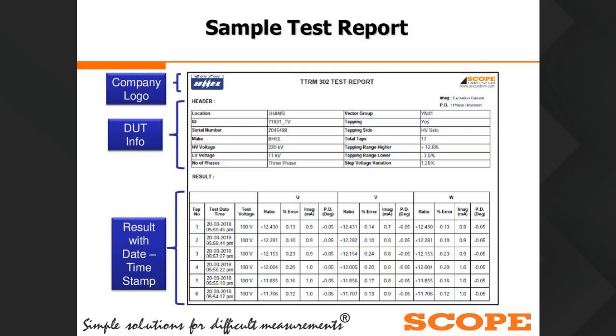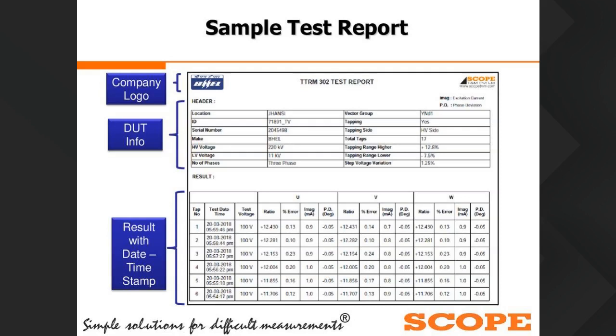After that we will get the location, then transformer ID, vector group, serial number, all the details, that is LV voltage, HV voltage, number of phases, step voltage variation, then total number of taps, tapping range, higher tapping range, lower tapping range, and step voltage variation. These are all the details we will get in the header.